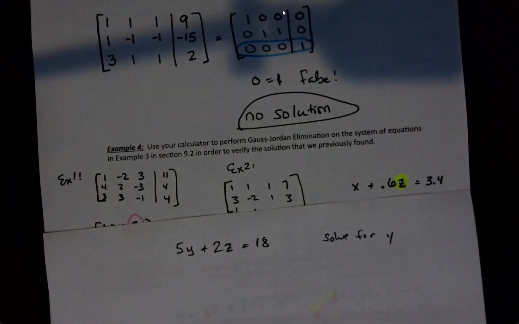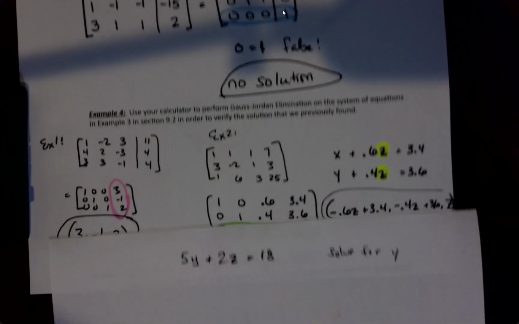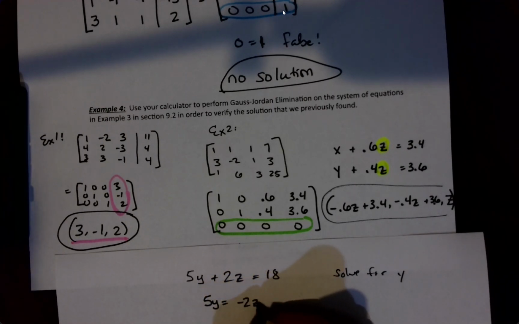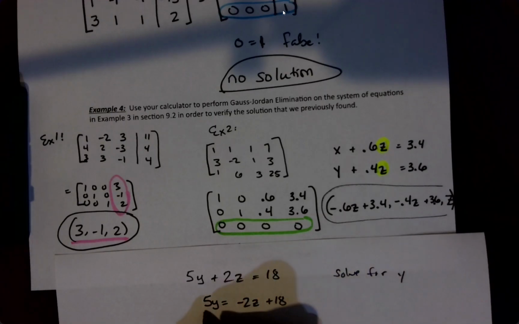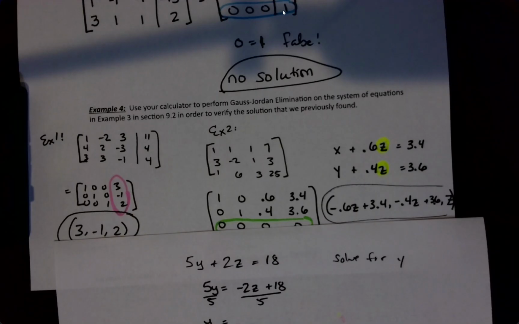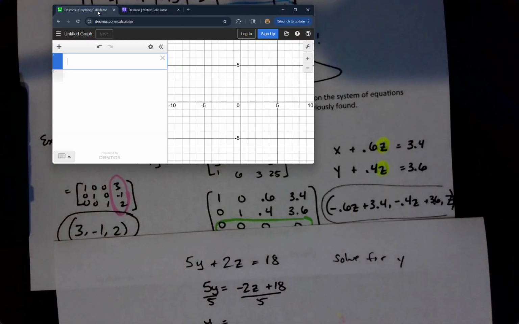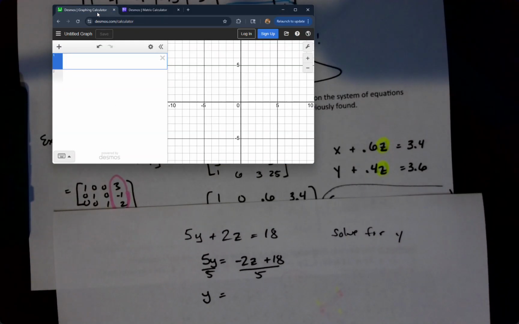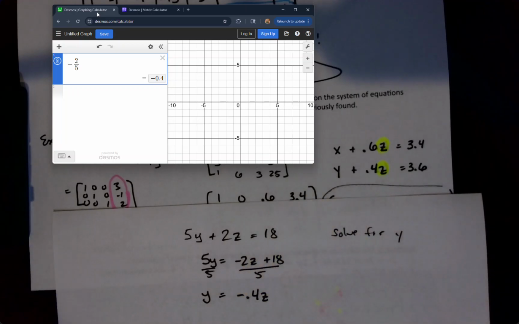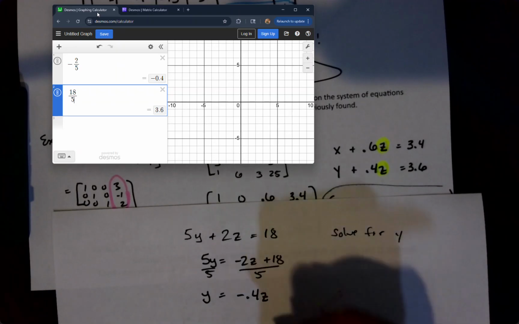So let's take this equation, solve for y. 5y would be equal to negative 2z plus 18, and I'm going to divide by 5. So y would be equal to, we go to the regular calculator now. I need negative 2 divided by 5, which is negative 0.4z. And then I need 18 divided by 5, which is 3.6.